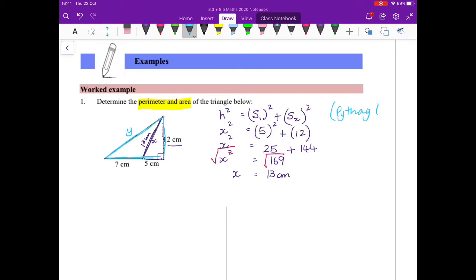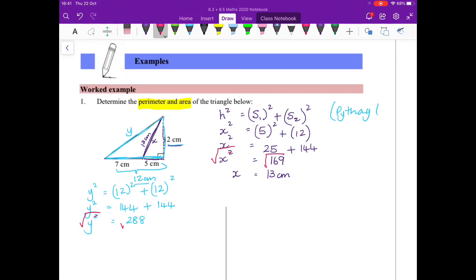And remember, I'm looking at the length of this whole line here, which is going to be 12 centimeters. So y squared equals 12 squared plus the other 12 squared. So y squared equals 144 plus 144, and if I add them together, I get 288. To get rid of my square, I have to square root.